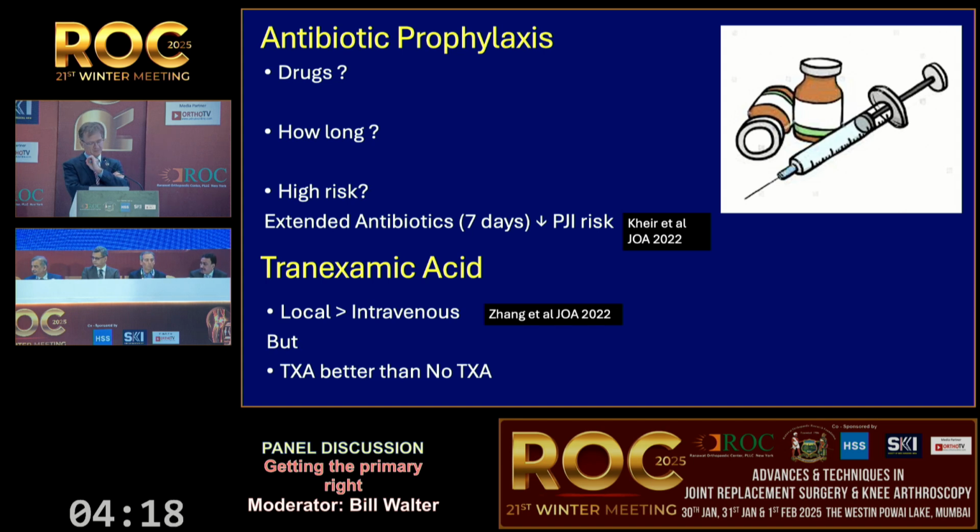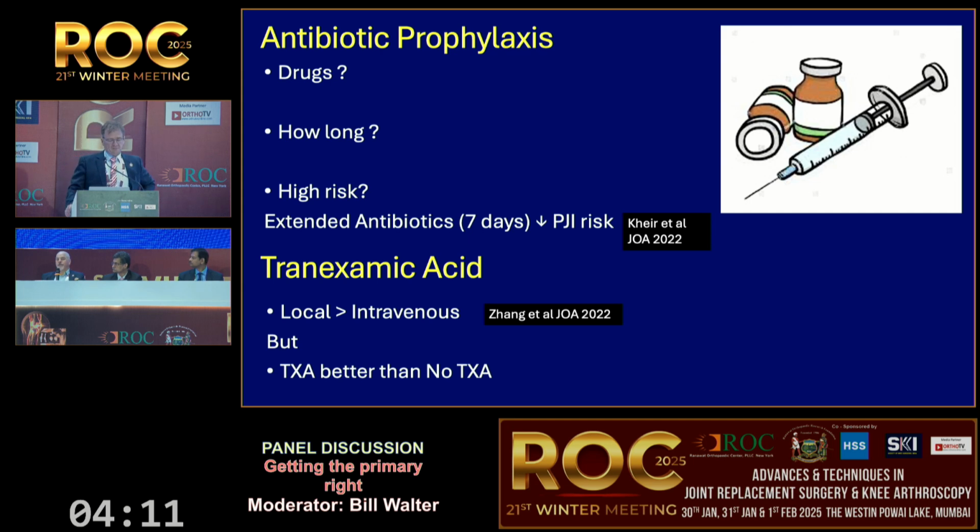We are struggling with that concept right now, but I think it's happening more and more. A few things I've learned: if you're going to use vancomycin because of some allergy or some reason, I now will add an aminoglycoside to the vancomycin to get more gram-negative coverage for those patients.